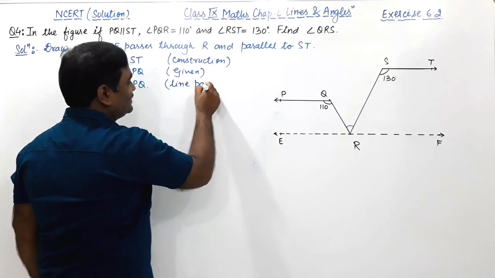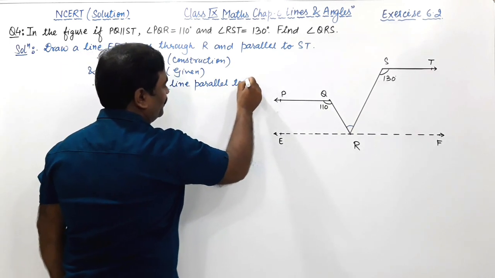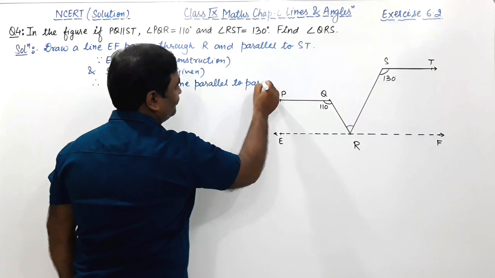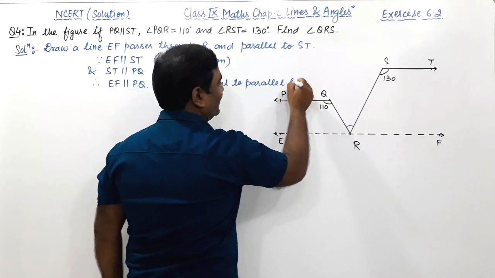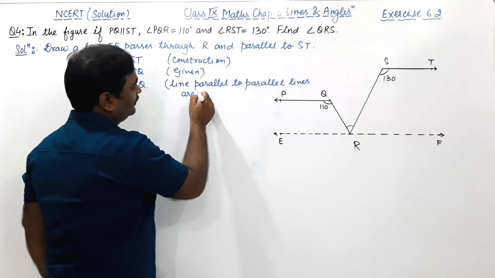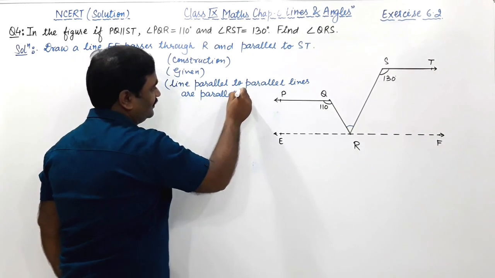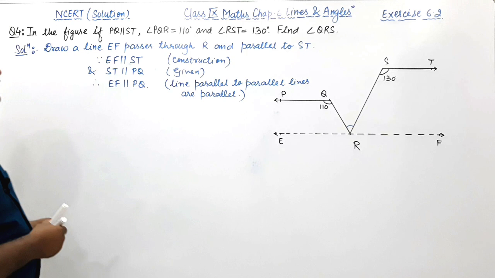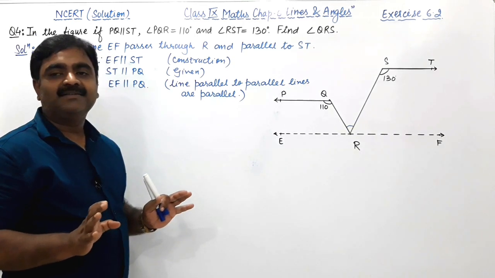Lines parallel to parallel lines are parallel. Right? Okay.